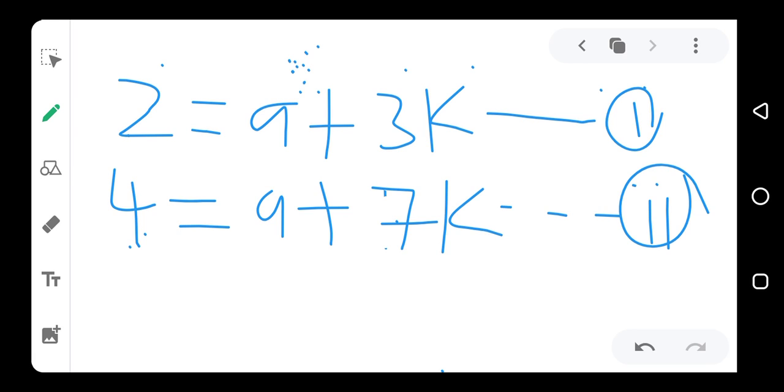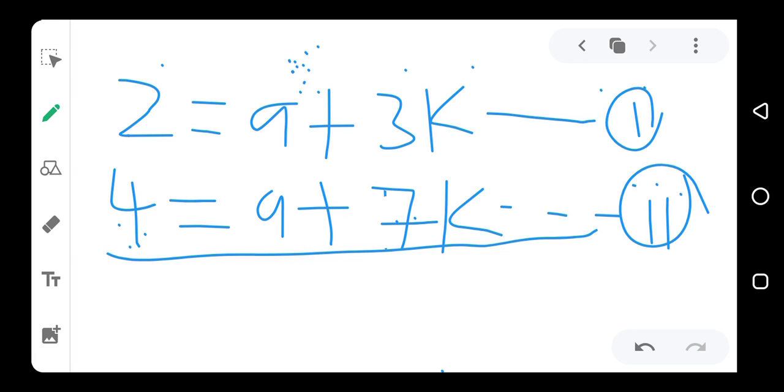Now let's use elimination to solve this one. We can draw a line and now say, since in this equation 2 we have 4 here, we have 7 here, we can easily minus 2 from 4 and minus 3 from 7, and everything will be positive.